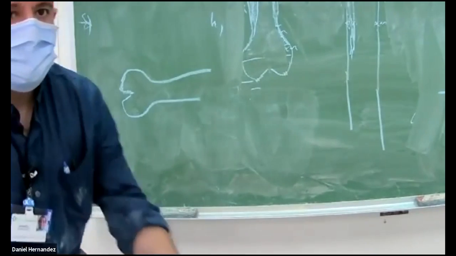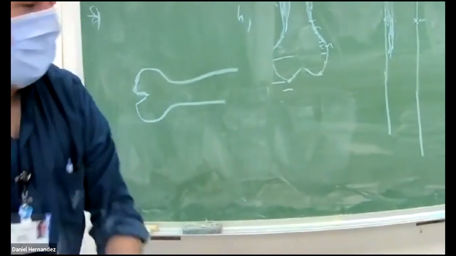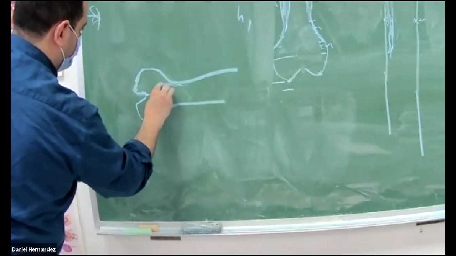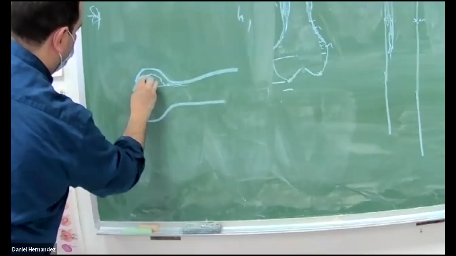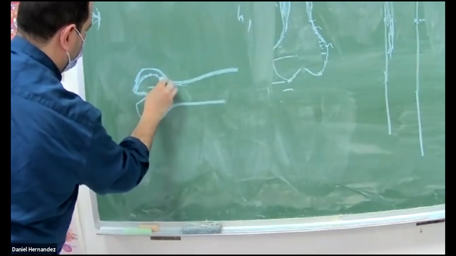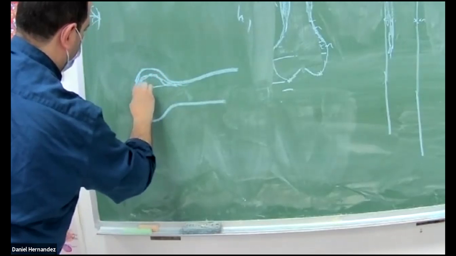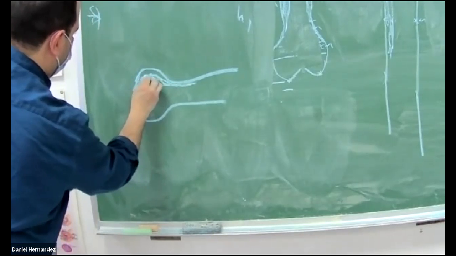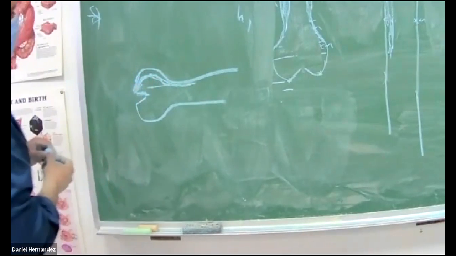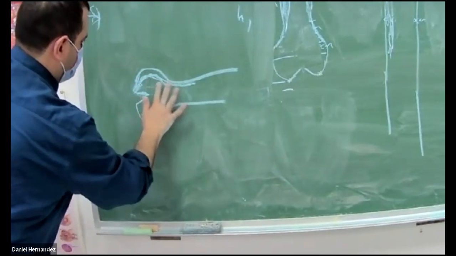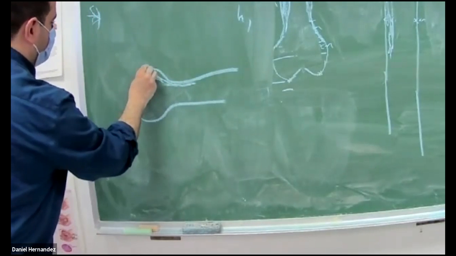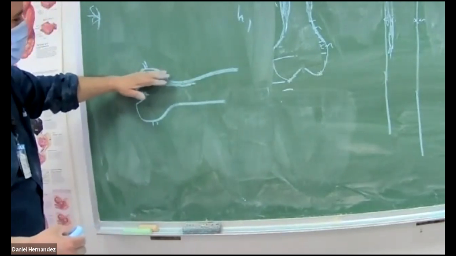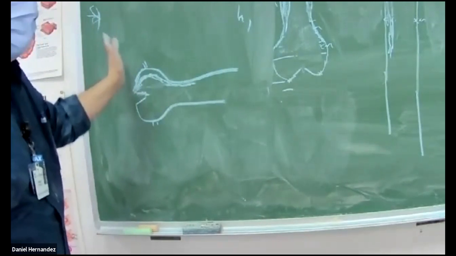So a picture of our ascending aorta over here. If we have a dissection that's potentially tearing apart that layer that involves the ascending aorta and goes into the sinuses, and our coronary arteries are coming off by the sinuses, that dissection could potentially interfere with blood flow into the coronary arteries.